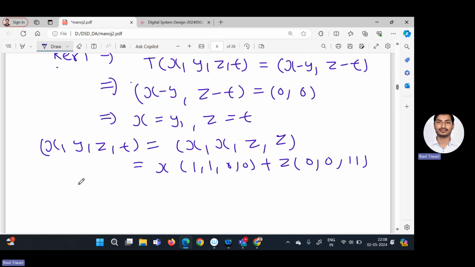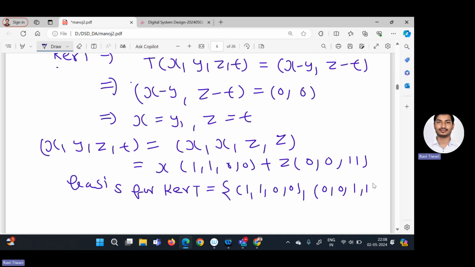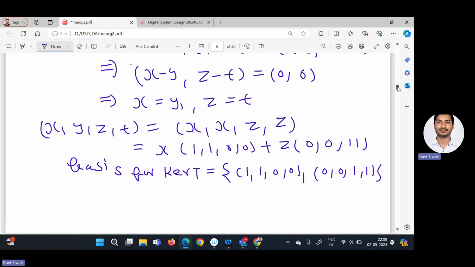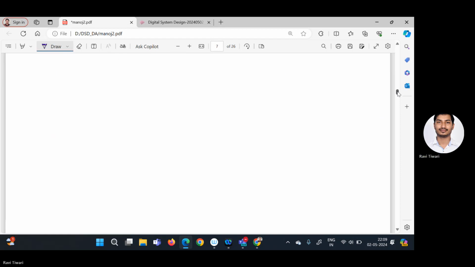So the basis for kernel T is (1, 1, 0, 0) and (0, 0, 1, 1). Because there are two vectors, the dimension is 2. So if you are not given the standard basis, we can apply the given basis.